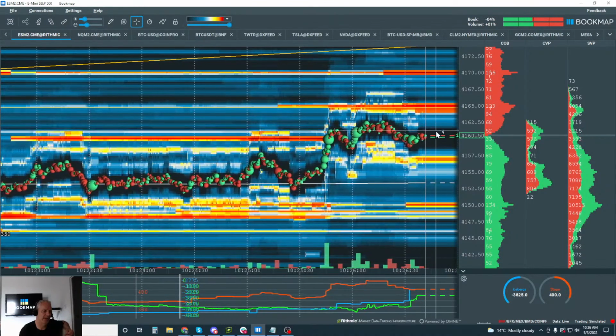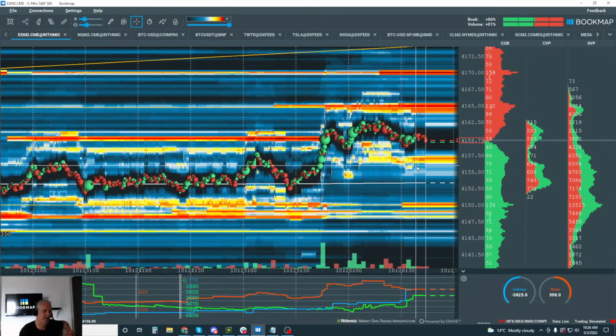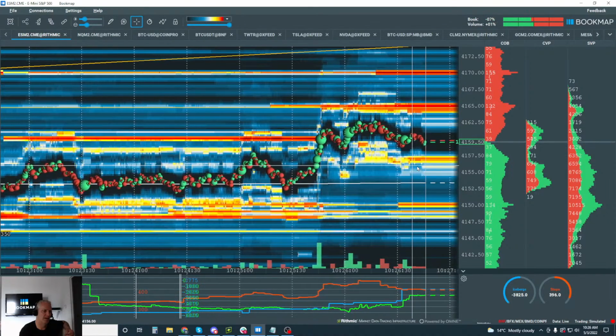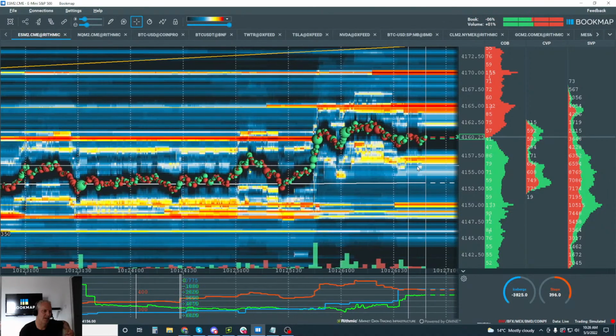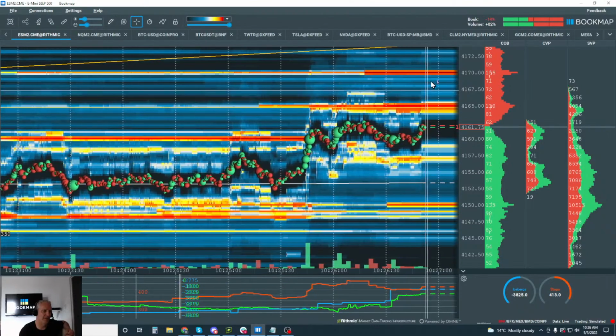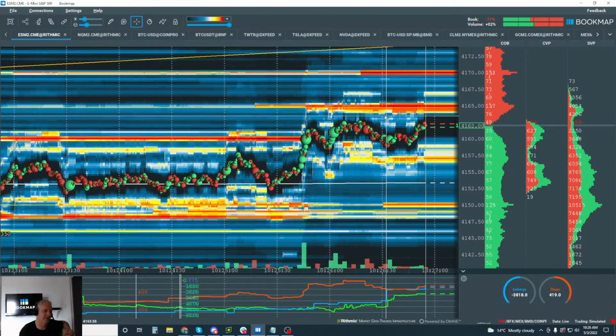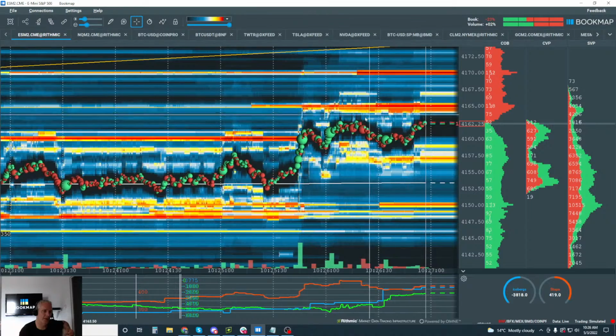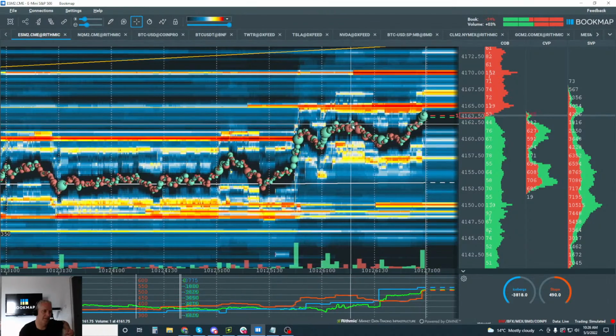Okay, let's see if we get our buyers. One more leg, just looking for one more leg here up to 65. We might get to 70 if there's enough here. There's enough sellers in here trapped, definitely.